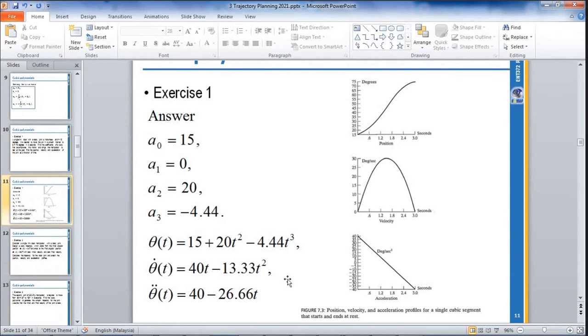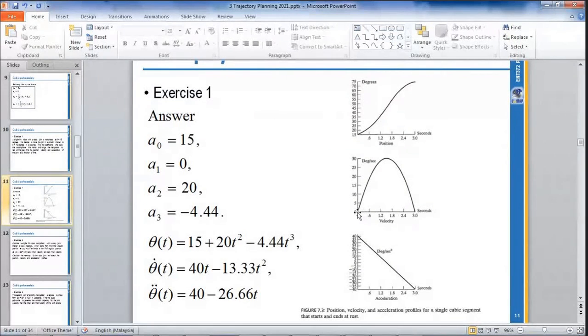If you use this formula in your microcontroller, the time will be set in your microcontroller: how many seconds you want your robot to move from point A to point B. For example, from start to final, if you want it slower, maybe you put a longer time, 0 to 10 seconds.